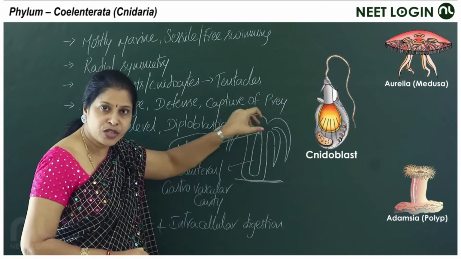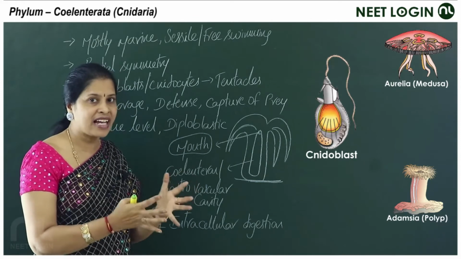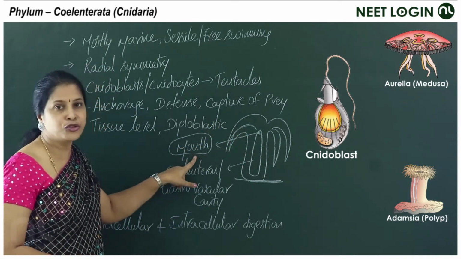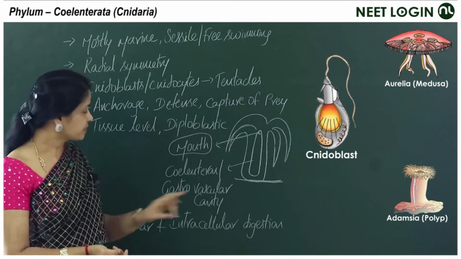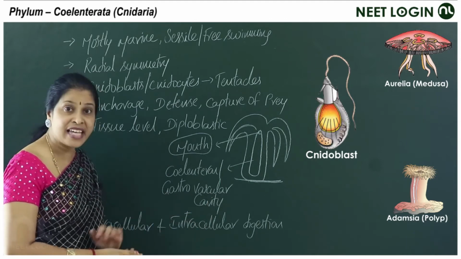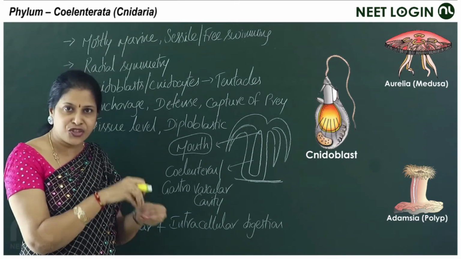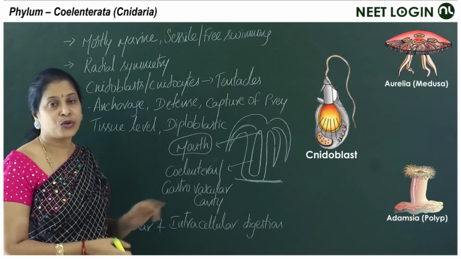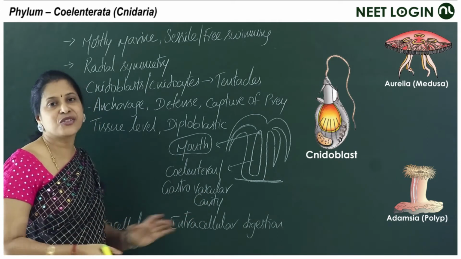So, the coelenteron is this cavity. It opens to the outside through a single opening. We can call it a sac-like gut. And this opening serves as mouth during ingestion and anus during egestion. And why is it called a gastrovascular cavity? The food gets digested over here and also distributes from over here. So gastro is related to digestion, vascular related to circulation.